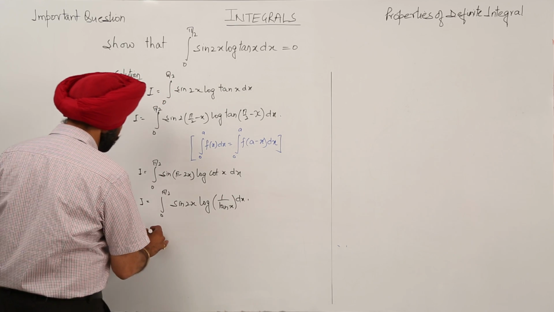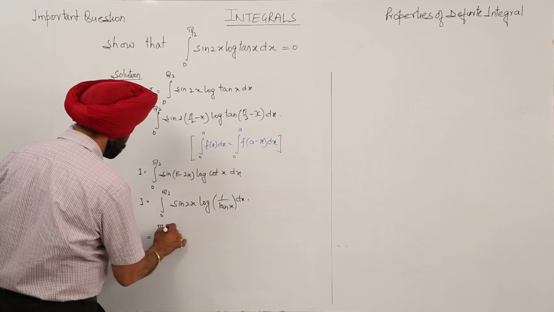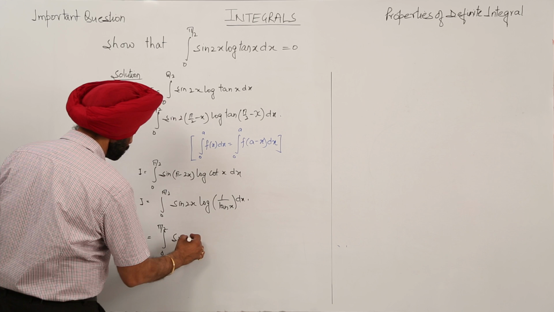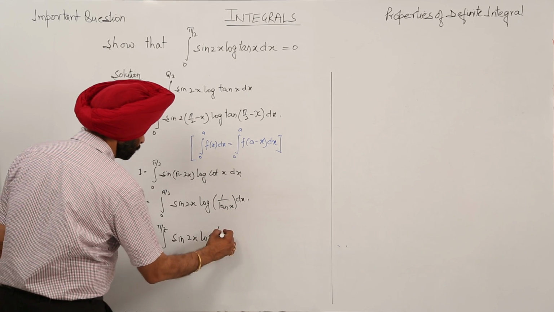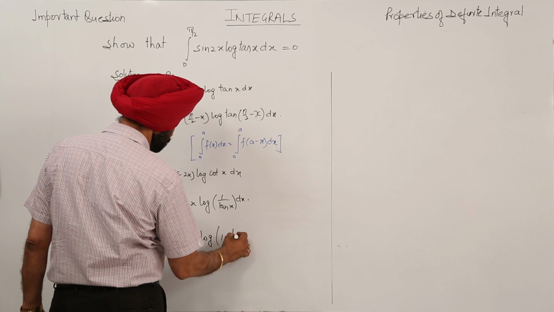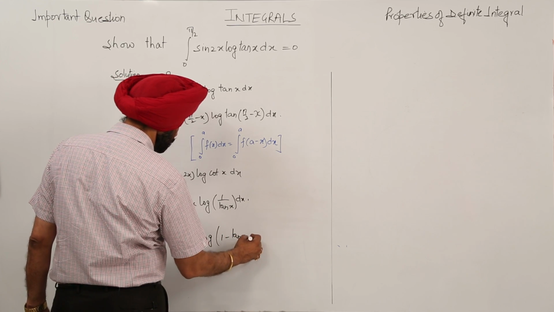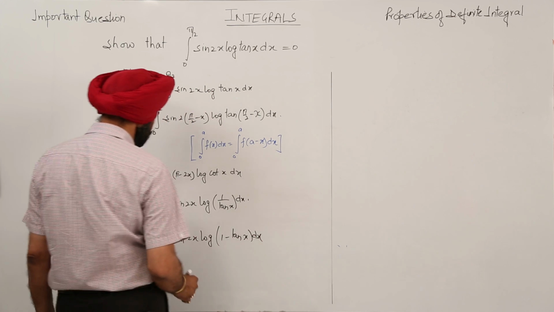Now using the property of log, the integral from 0 to pi by 2 of sin 2x log (1 upon tan x) dx.